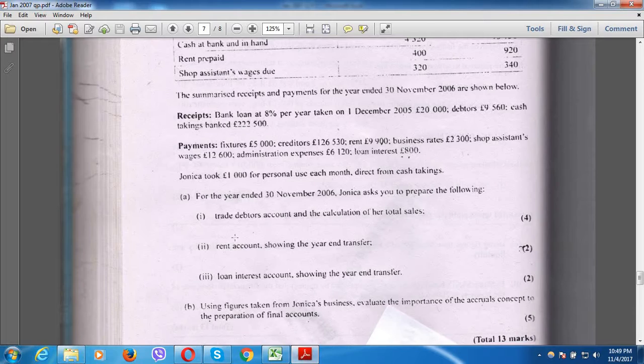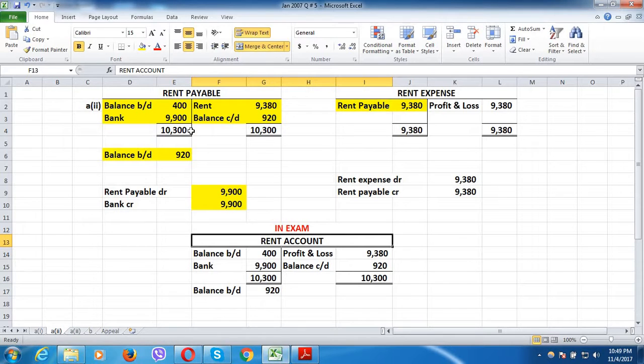Now you see how you will answer this question in your exam. It was told to prepare the rent account. The heading will be rent account. Here it was rent payable, but the heading will be rent account. You will answer exactly this account in your exam. Just the name will be changed. Please have a look. Balance BD, bank, 400, 9,900. Balance CD 920. 9,380, 9,380.